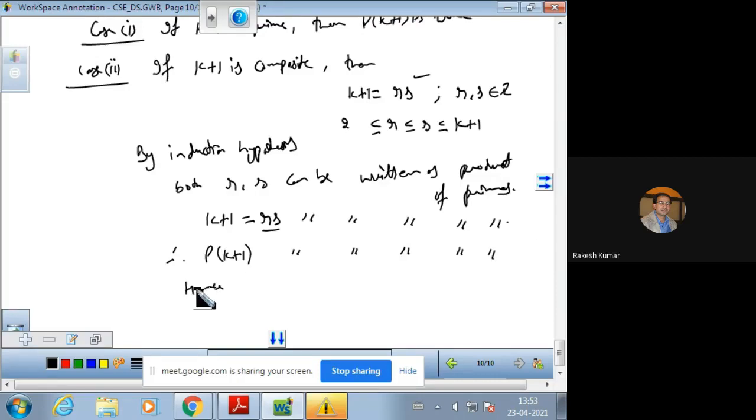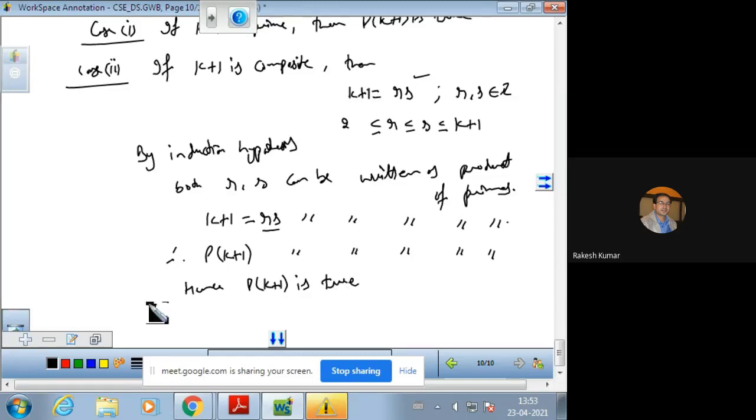Hence P(k plus 1) is true for the case of a non-negative integer.